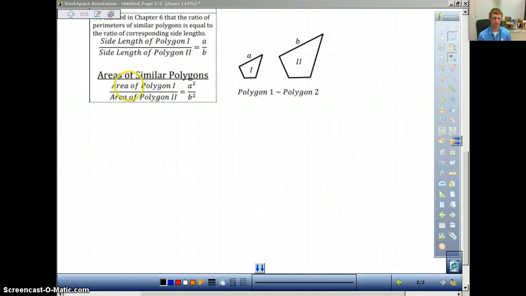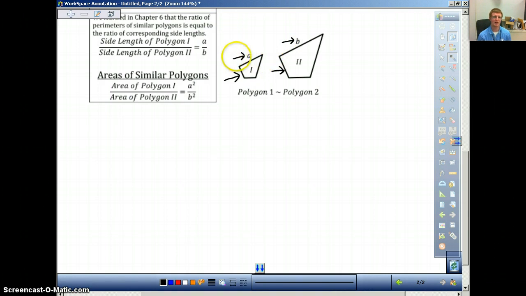So the ratio of the area of the first polygon to the area of the second polygon will be equal to the ratio of one side squared over the other side squared. So the area of this polygon right here divided by the area of this polygon here will be equal to this side squared divided by this side squared.